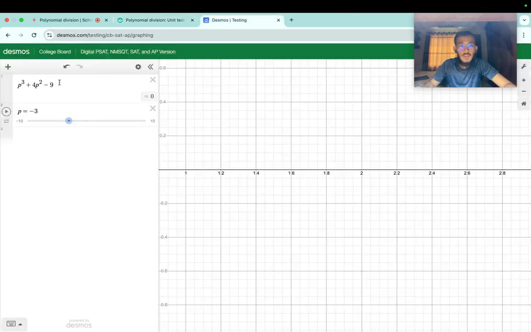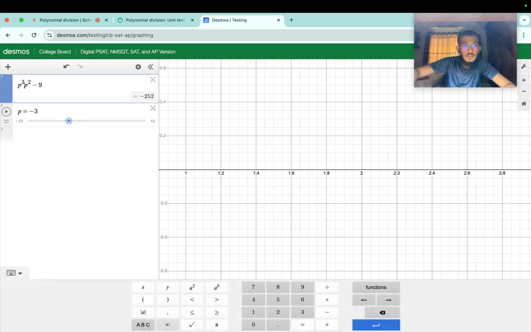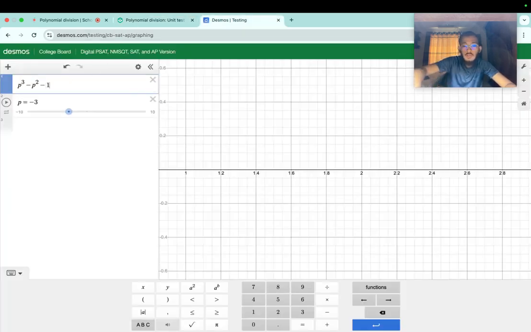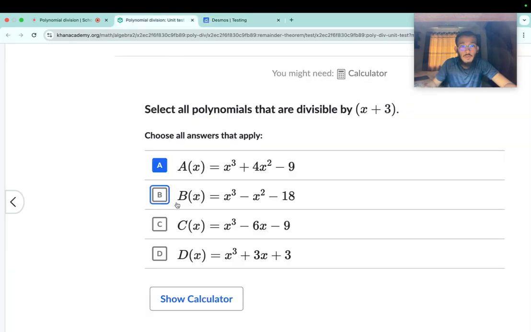Then we have x cubed minus x squared minus 18. Plugging in negative 3 gives negative 18, which is not equal to 0, so no, B is not our answer.